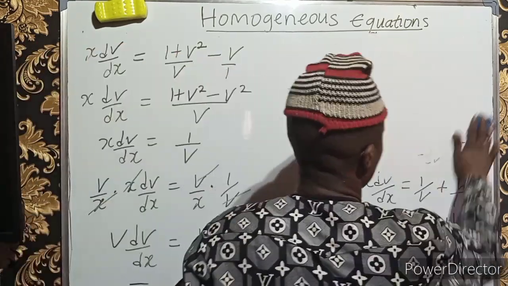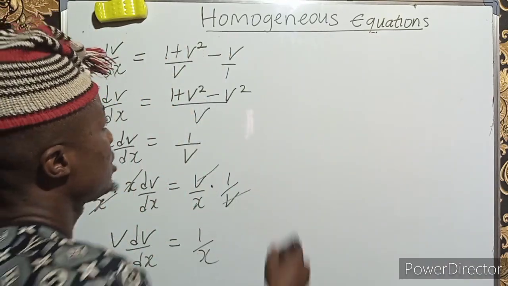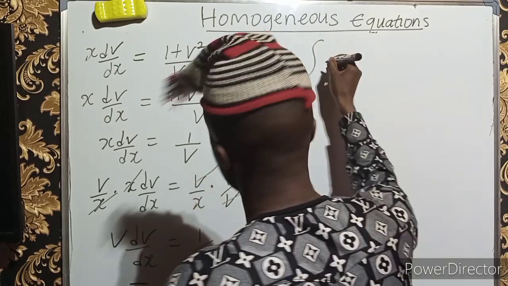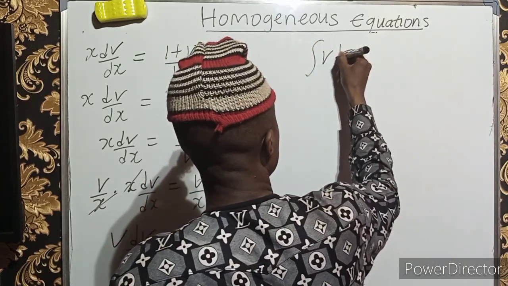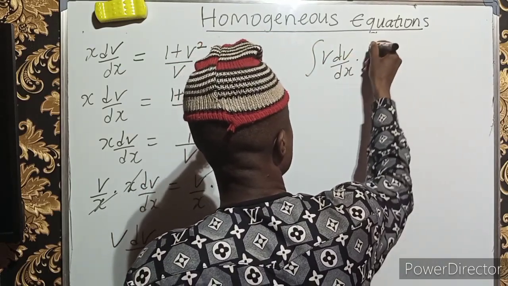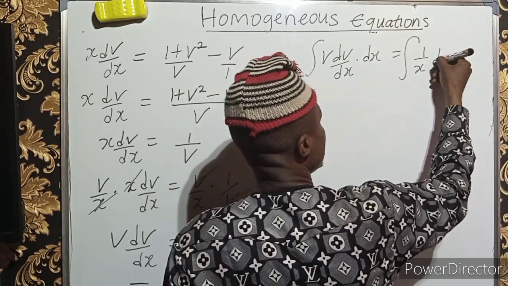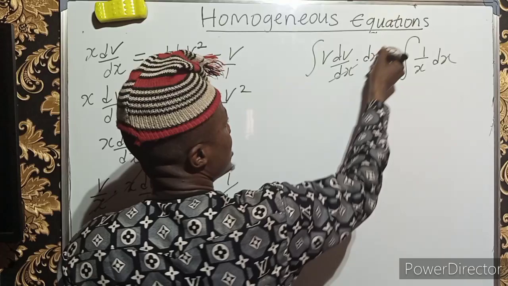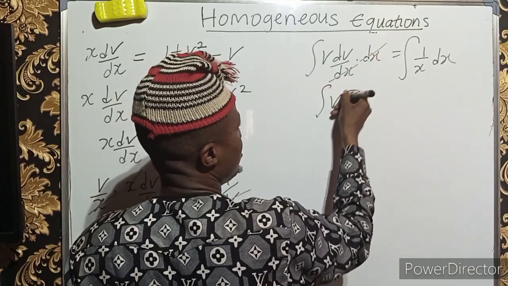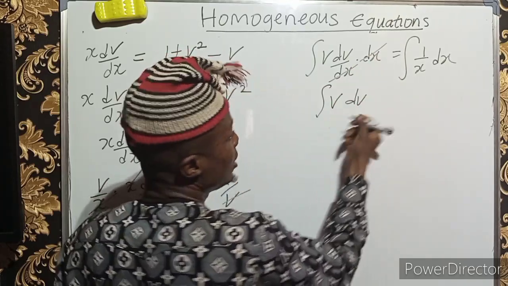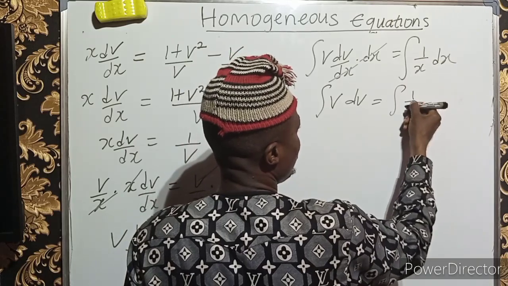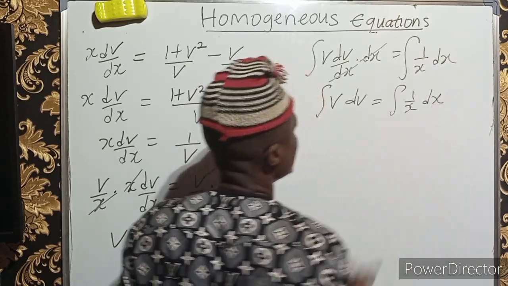So I'll wipe. Okay, so from here I'll integrate both sides with respect to x. So this is integral of v dv dx equals integral of 1 over x dx. The dx cancels the dx, so we have integral of v dv equals integral of 1 over x dx.